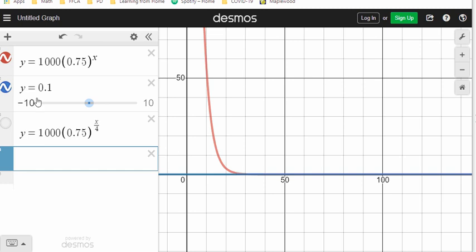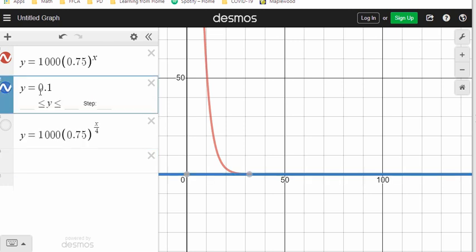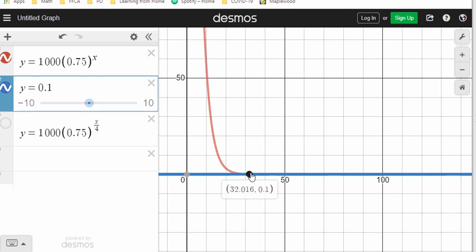I'm going to select this graph. Nope, not hide it. Select it. And then it actually gives me the y-intercept here and this point where the two graphs intersect with each other.